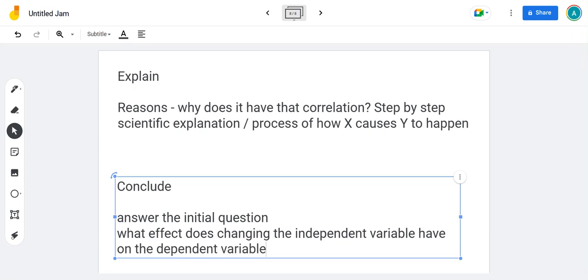And remember, your independent variable, if you want a graph, is always the x, and the dependent on a graph is always the y. If you're in a table, your independent is always the first column, and your dependent is always second column, or the last column if you've got lots of columns.